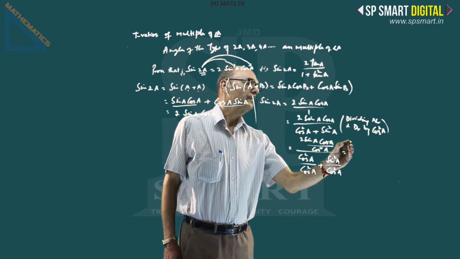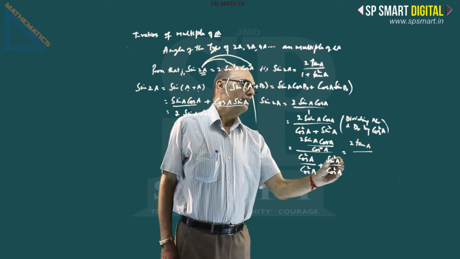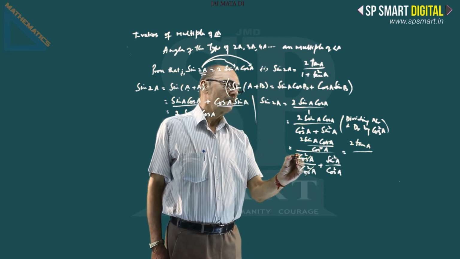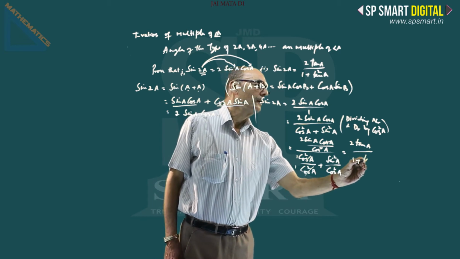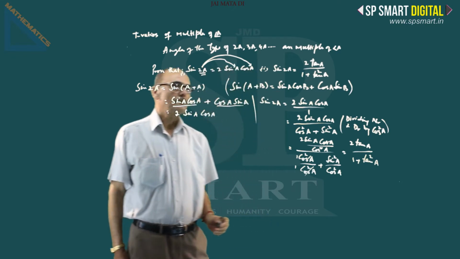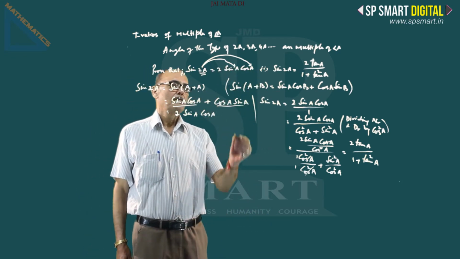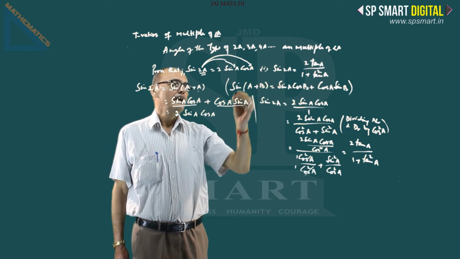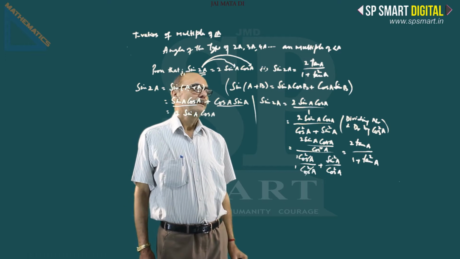In the numerator we have tan of A, and in the denominator this cos square gets cancelled. So, this is 1 plus tan square A. So, these two formulas are very frequently used in different problems in mathematics and calculus.